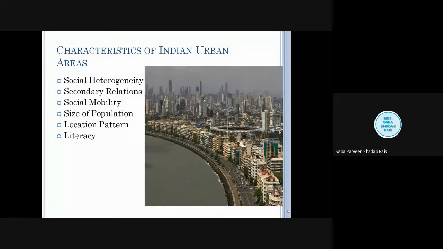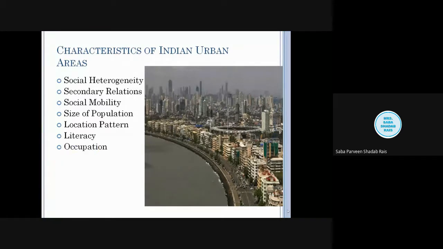Comparatively, literate people will be more than in rural areas. Most major city towns have a literacy rate over 70%. The highest literacy rate was recorded in 2011, approximately 93% in Kerala.